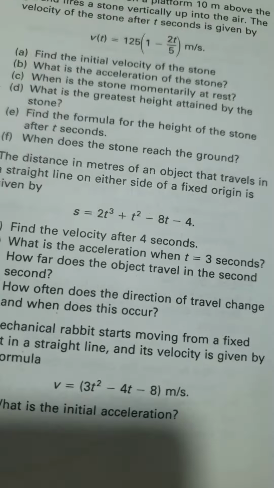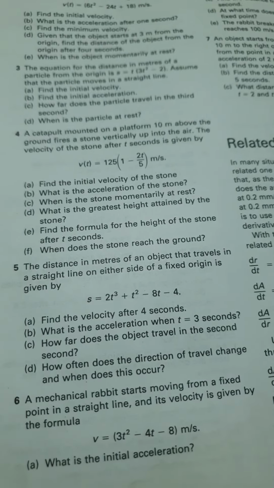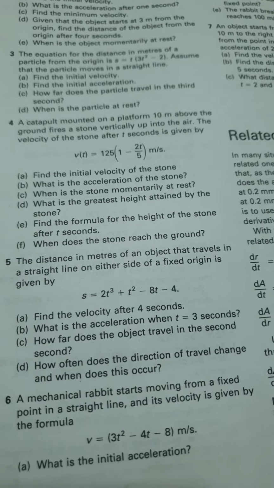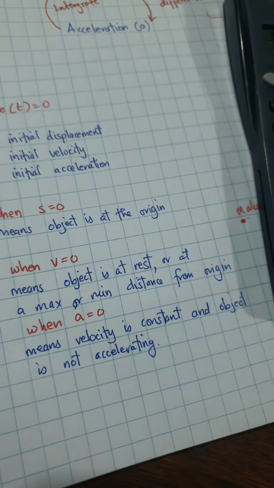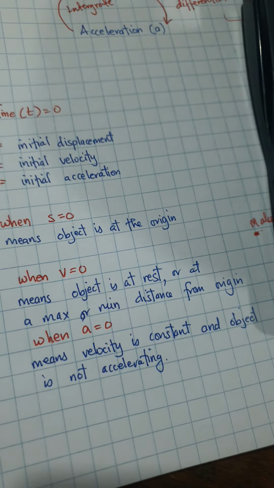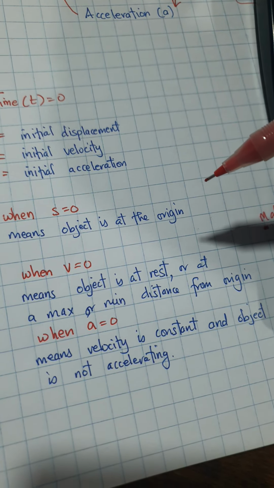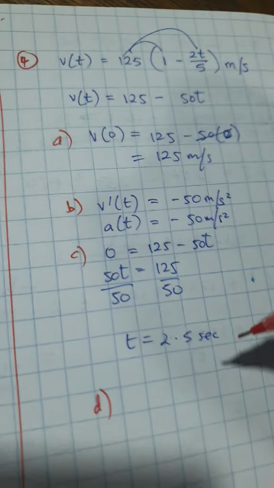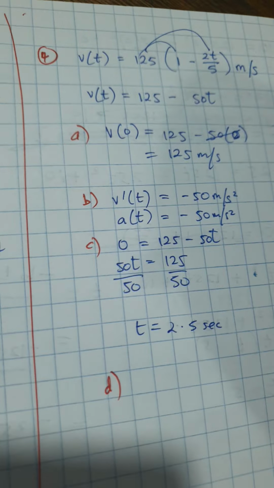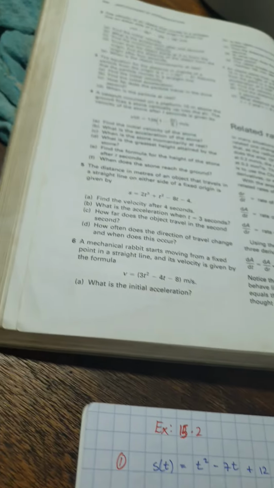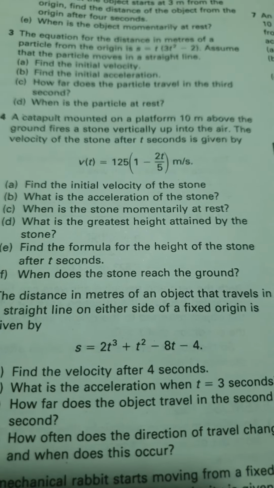So D. What is the greatest height attained by the stone? Greatest height means the maximum distance, and the velocity equals 0 at 2.5 seconds. But now it's asking about the maximum height, which means displacement or distance.